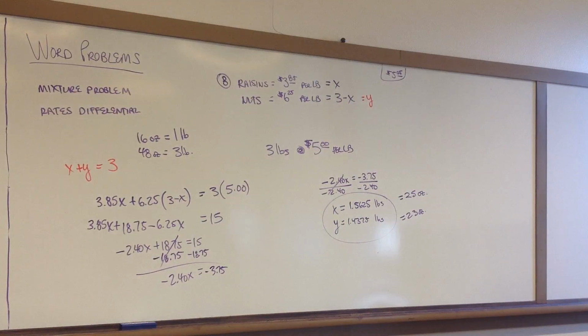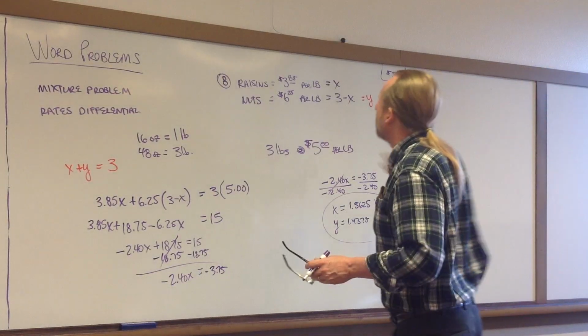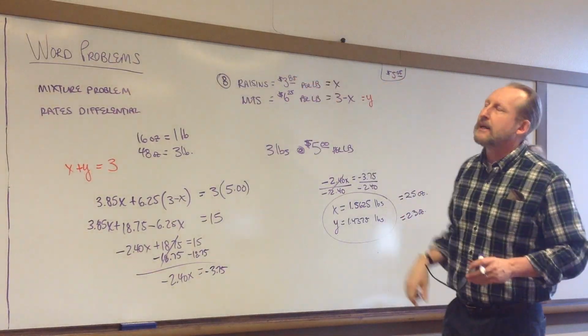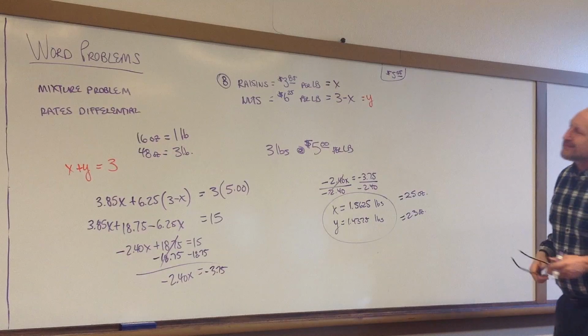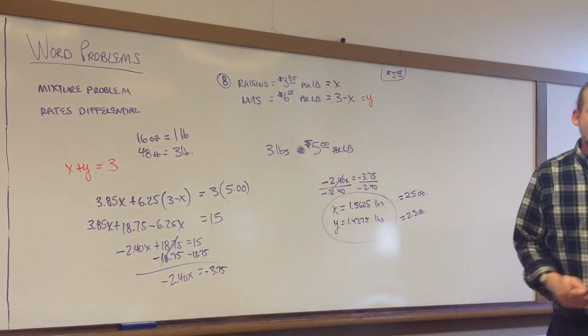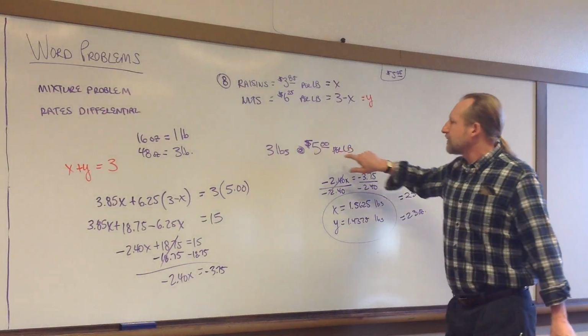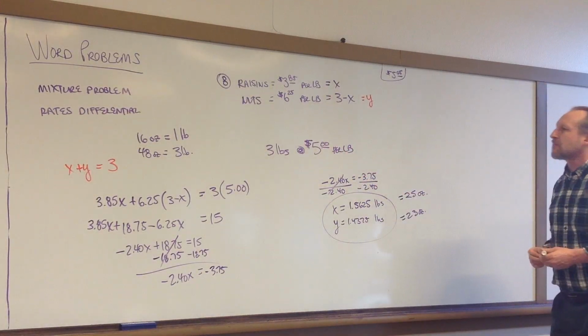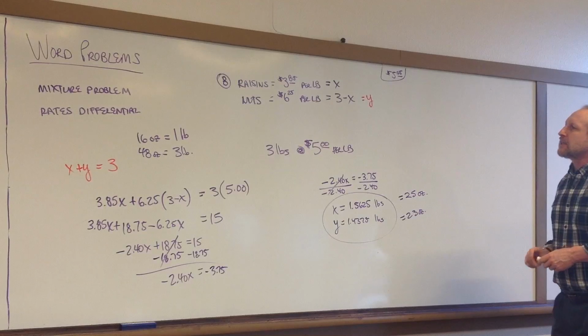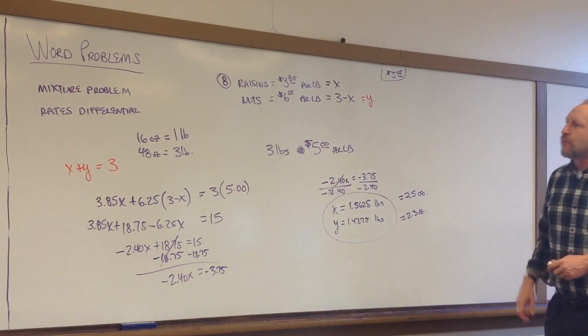Well, I say that now, but these prices are all per pound. Okay? So I hesitate to move away from using the pounds when we've got these prices per pound. I think there's definitely a way around that.